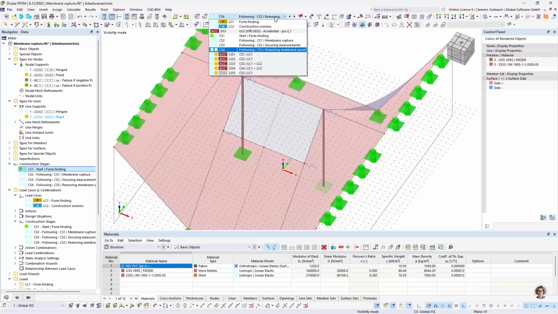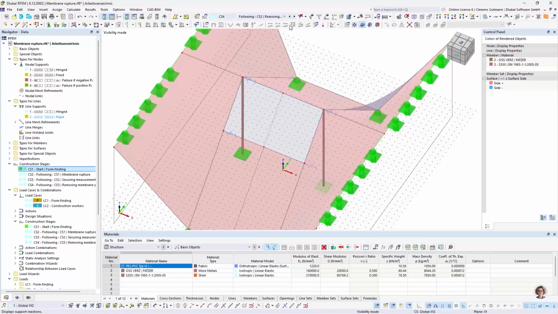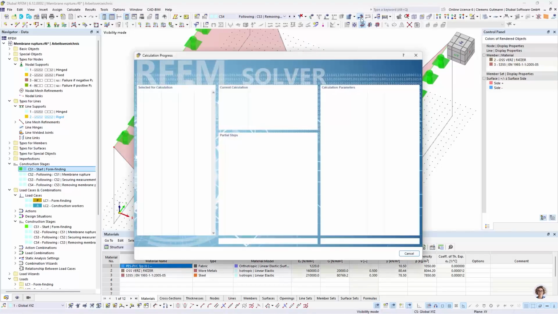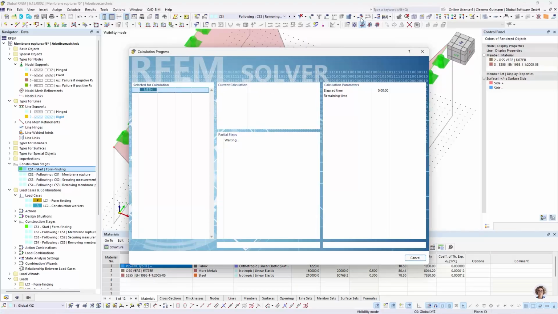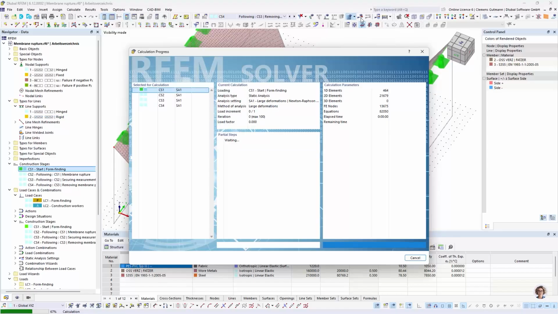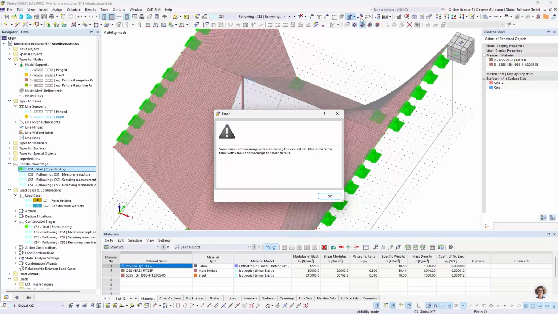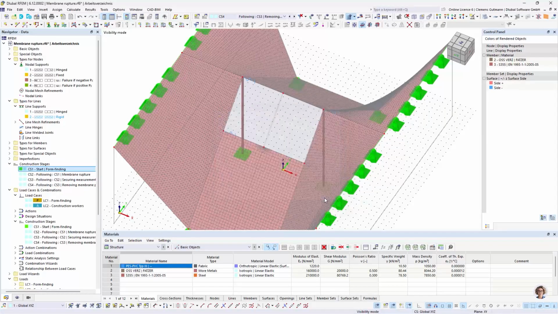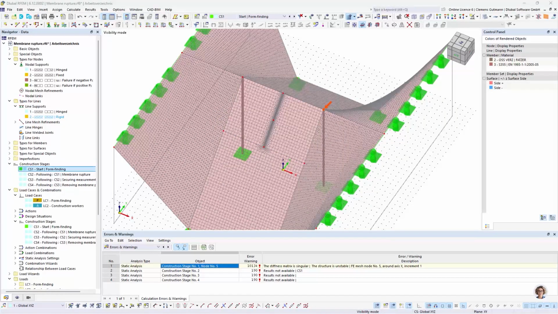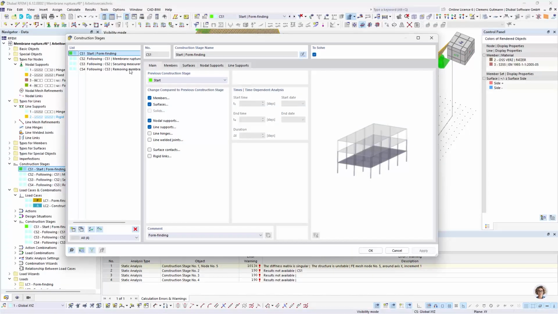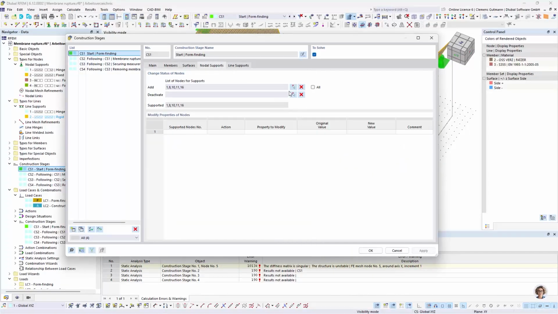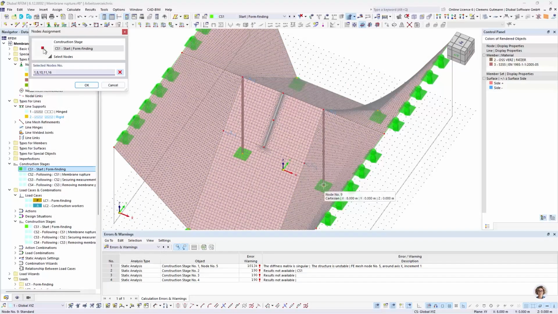So if I'm now going to calculate this last construction stage, we can see that it will automatically detect which construction stages are happening before that construction stage, and it calculates all the sequence. Oh, and I seem to have forgotten one of the nodal supports. So let's quickly add that one.